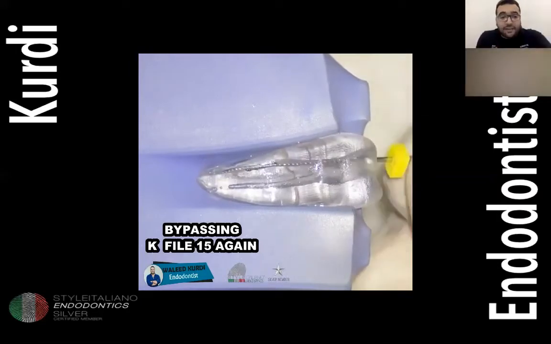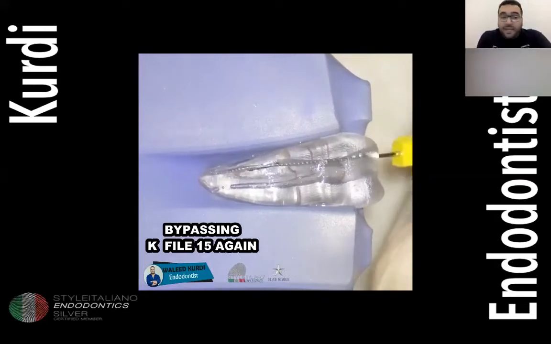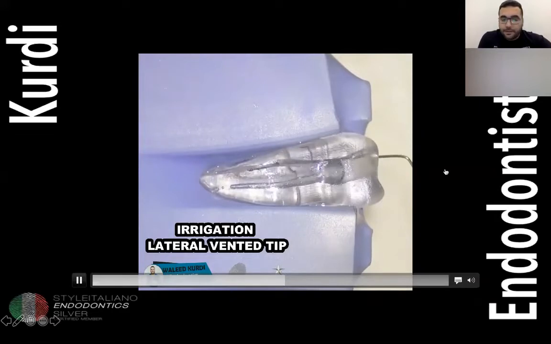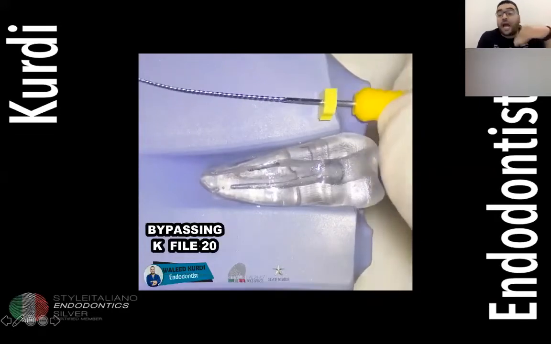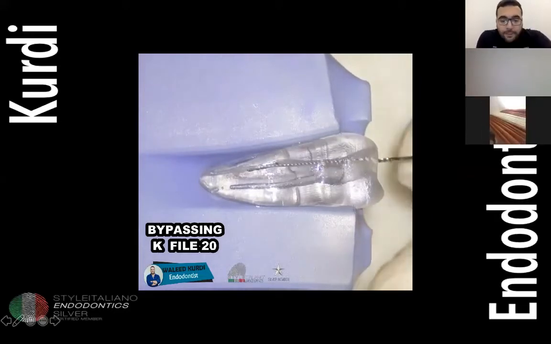You can see here K file number 15 can advance inside the canal, but cannot easily take the second curve. So I will go again to a bigger size, K file number 20, to increase the bypassing space a little bit.